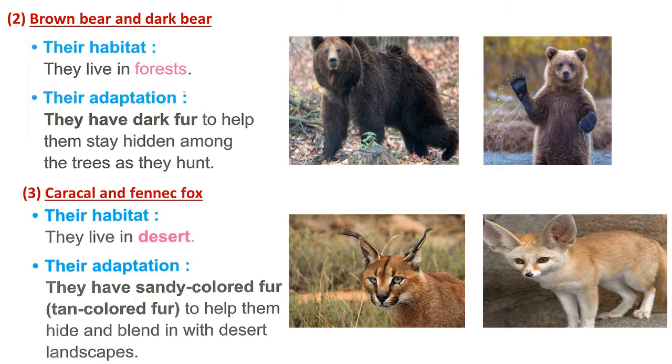Their adaptation is dark fur, the same color as the tree trunks, so it helps them stay hidden among the trees as they hunt and catch their prey. Also the caracal and fennec fox, as you can see here in the pictures, live in deserts. Their adaptation is sandy and tan colored fur to help them hide and blend with the desert landscape.